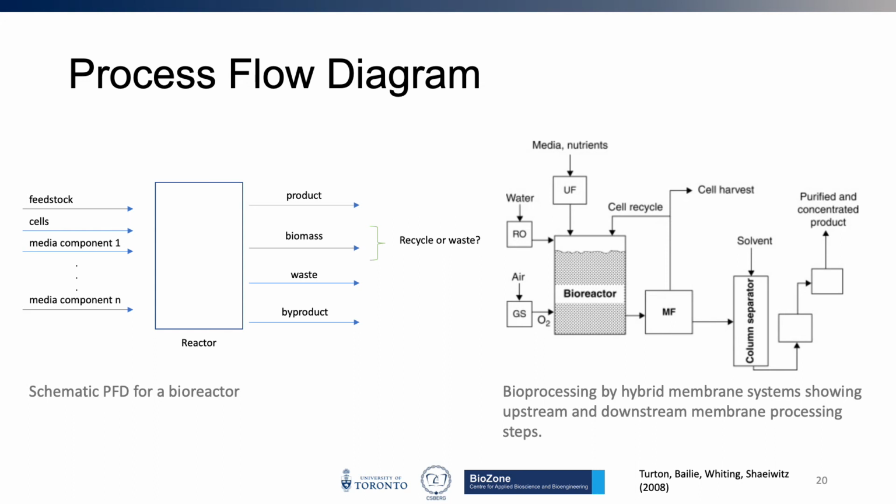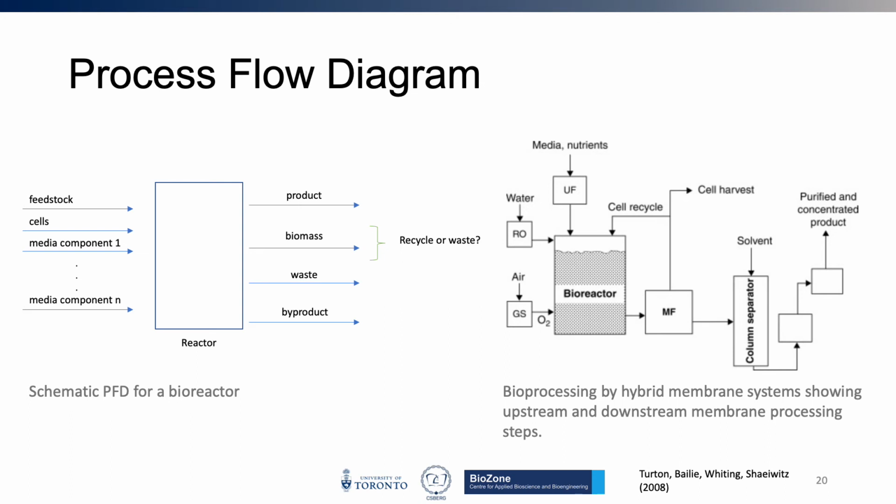This involves drawing out in detail what goes into each process stage, i.e. inputs, and then what comes out, for example, outputs. On the left, we have a schematic process flow diagram, or a PFD, for a bioreactor, which is the unit operation we've seen in detail in this workshop.